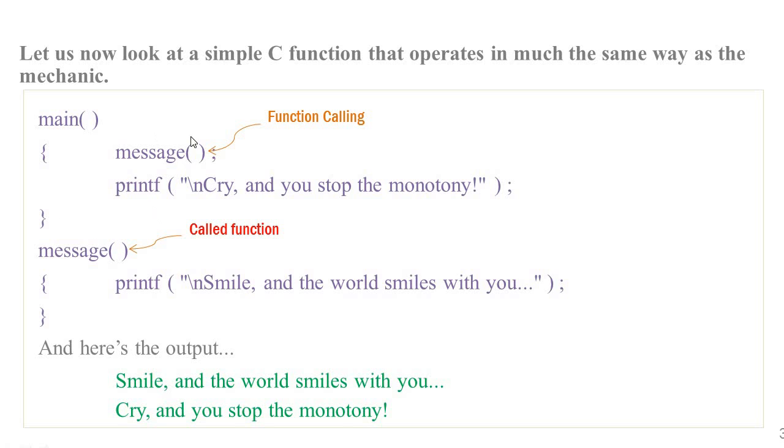So where is this message defined? It just looks for this message, and over here it is defined. So whatever is written within this block should be executed and completed. That's why over here you can see in the output this statement is written first, and after that this printf.